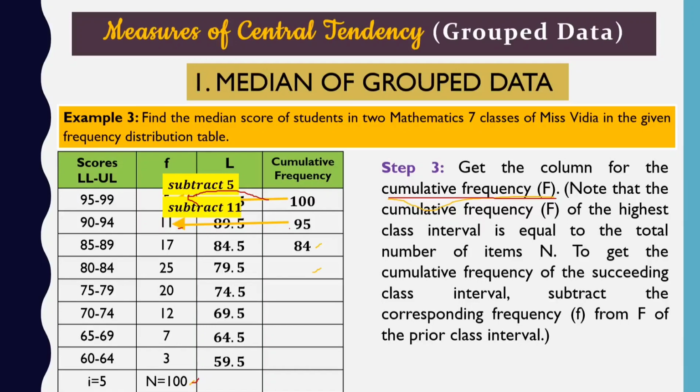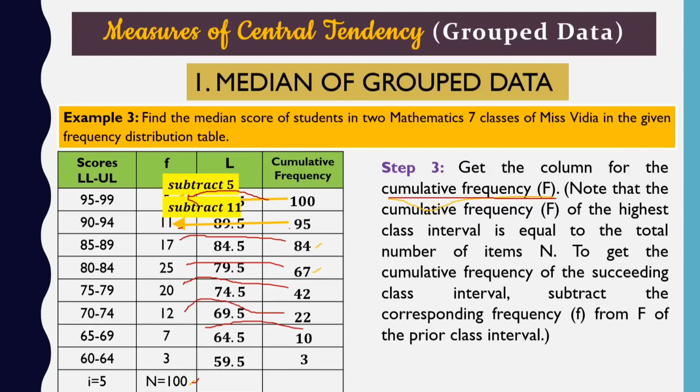Same process, 84 minus 17 is equal to 67. And then 67 minus 25 is equal to 42. 42 minus 20 is equal to 22. 22 minus 12 is equal to 10. And 10 minus 7 is equal to 3.